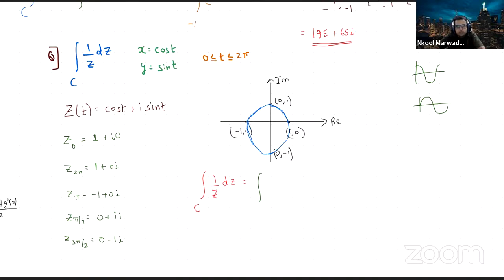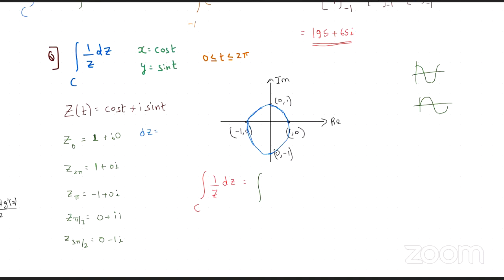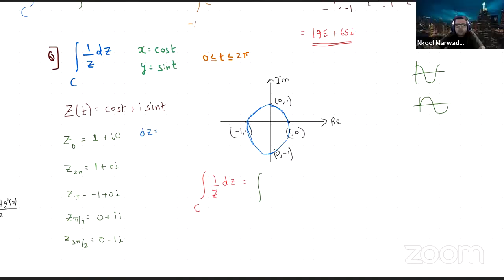Dz will be just differentiated with respect to t. Differentiation of cos is minus sin, plus i cos t dt.